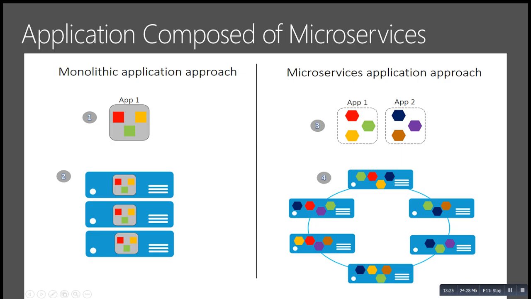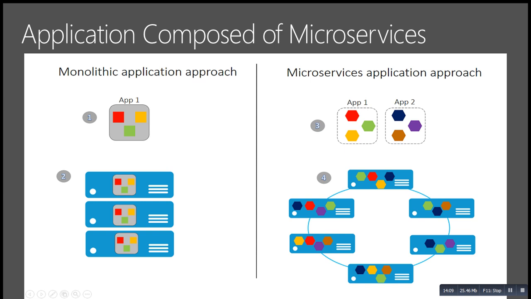And in the deployment step, we had machines in our data centers, and we deployed all these services together into two or three instances, and we did load balancing on top of it. But in the microservice application approach, for example, this is a scenario for one application.